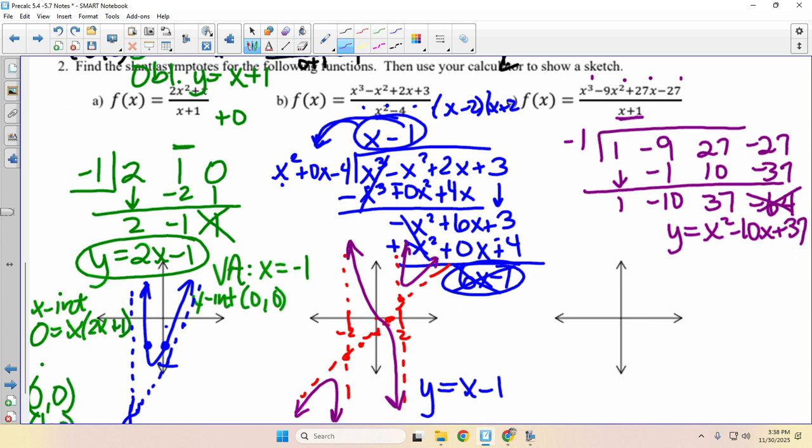Oh, that's a little parabola. How fun is that? Okay, so to find this, I want you to set your windows to -10, 20 and -100, 200. So that's going to be a new window situation.